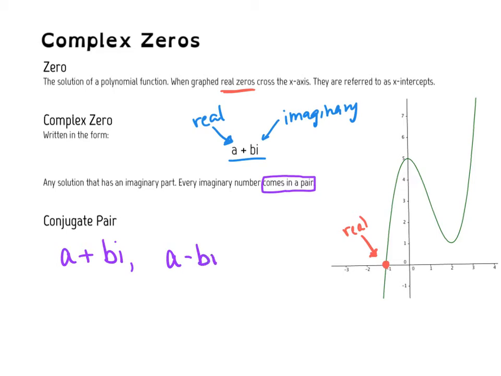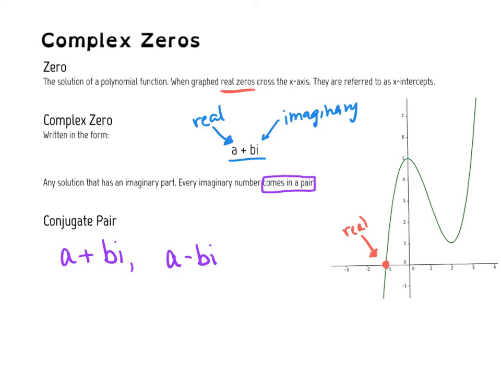And all it means is we're just going to change the sign in the middle, or give the opposite sign of whatever you're getting. So if I have a plus in the middle, the conjugate pair is a minus. If I have a minus in the middle, the conjugate pair is a plus. And it always affects the i part of it, or the imaginary part of the equation.